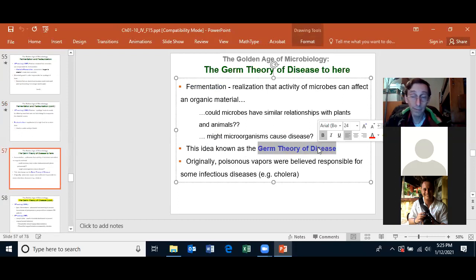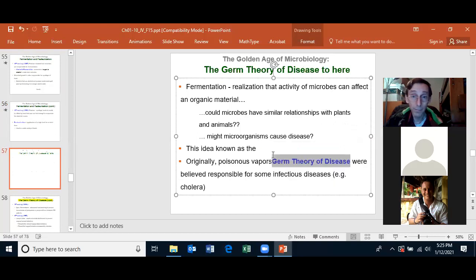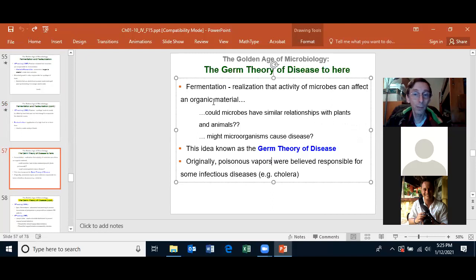It was developed over time by many people. One of them was Louis Pasteur, but many people contributed to the germ theory of disease. So not one person came up with it.